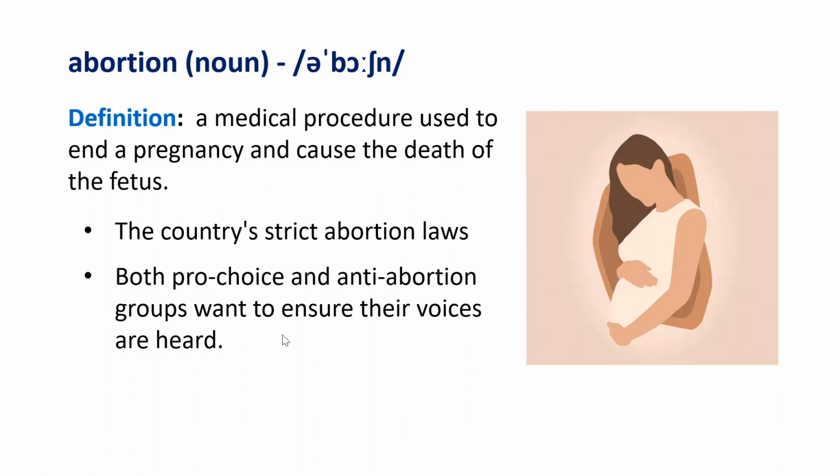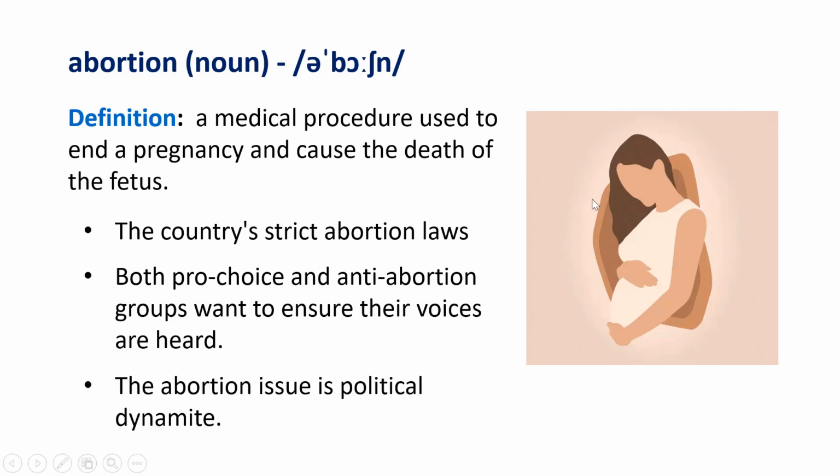This means that they will have a debate about this, and they want the upper levels of the government to listen to their opinions. They also want to get support from the people living in their countries.